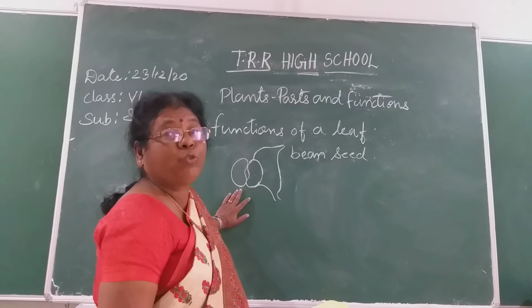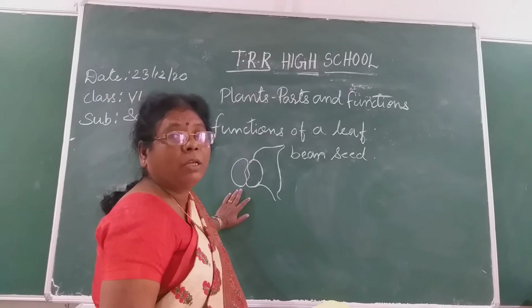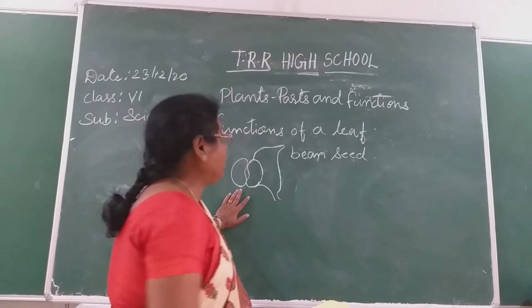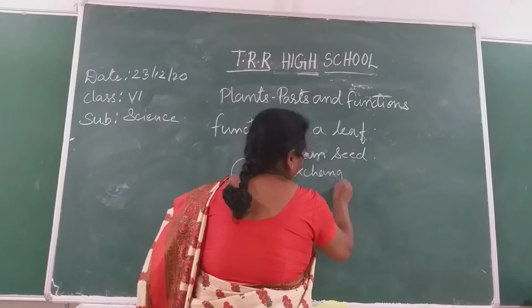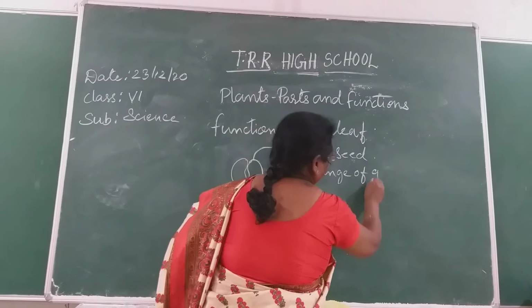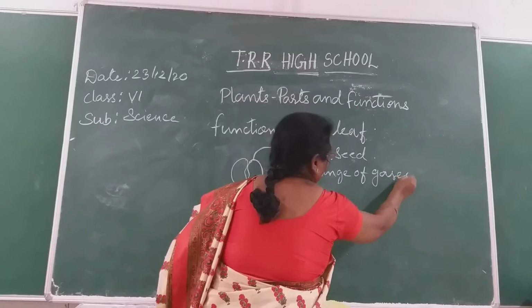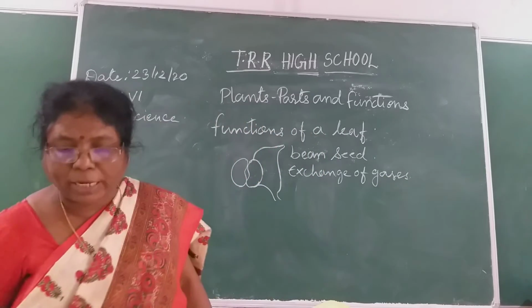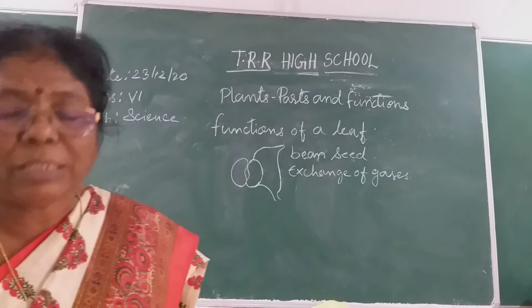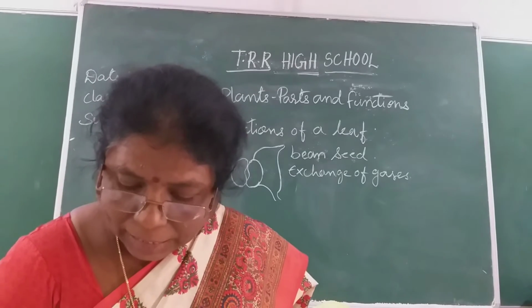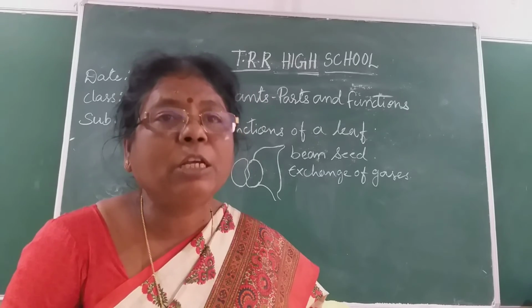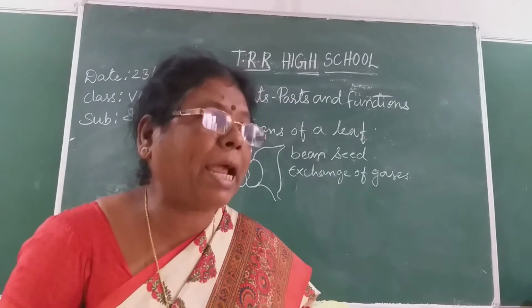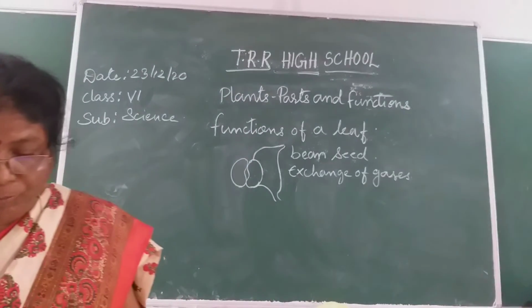This is the main function of the leaf. That's why the stomata are called the nose of a leaf. So, it is useful in the exchange of gases between the plants and the atmosphere, isn't it?